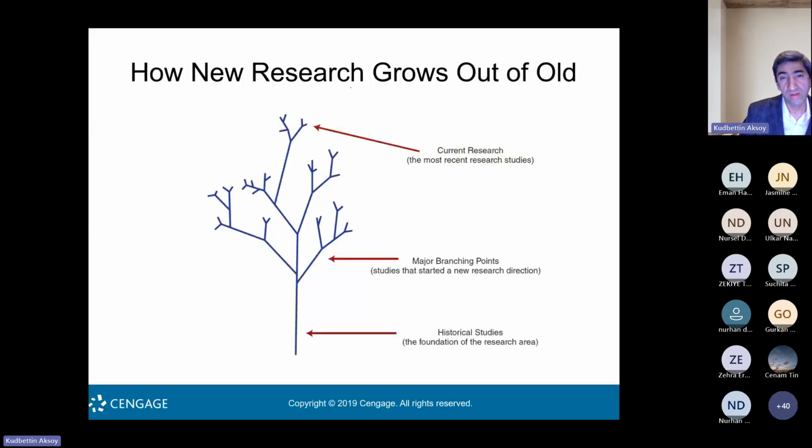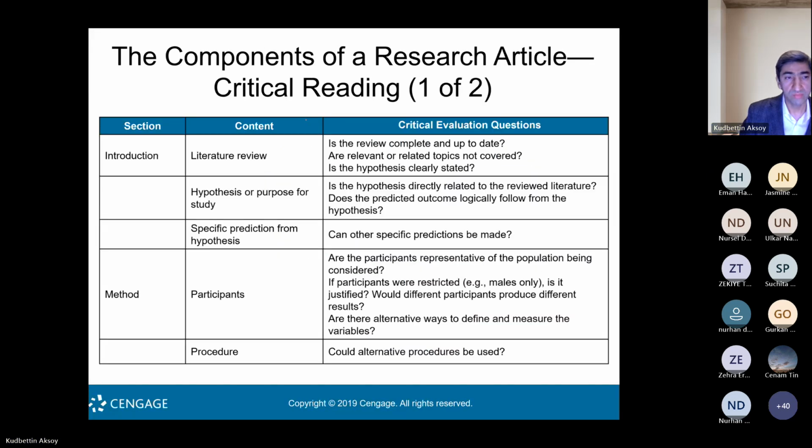So research doesn't happen in isolation. We have knowledge, we build on that. So historical studies, you read them, and then if you find something new... in a typical research article, you will see an introduction section that we will talk about, literature review, and then hypotheses or purpose of the study, and then specific predictions from the study, and then methodology, participants: how many people, how are they selected?